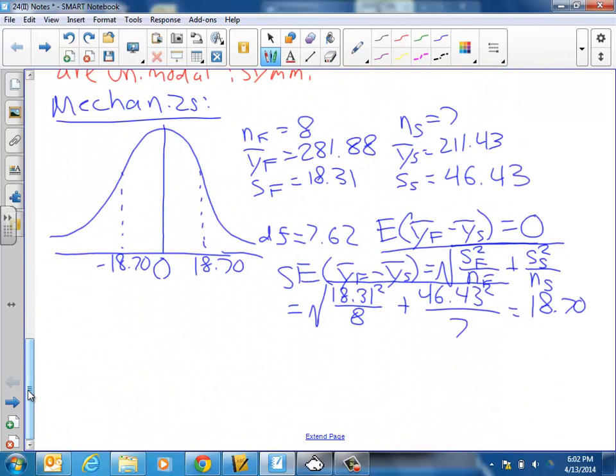All right, so y bar sub f, the sample mean for friend sales, minus y bar sub s, the sample mean for stranger sales, is equal to 281.88 minus 211.43, which is equal to 70.45, so way out here.